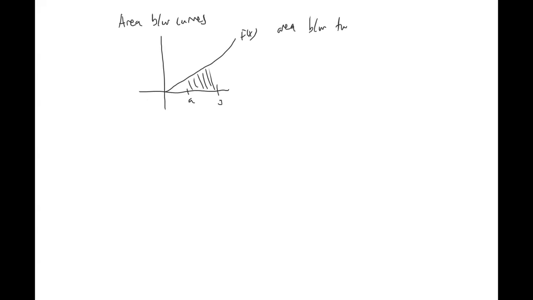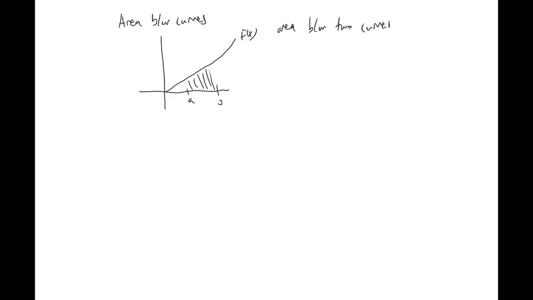So, area between curves. In the past, what have we been doing? We have still been doing area between curves before, a specific curve, right? If I ask for the area from A to B under f, this is the area between two curves.